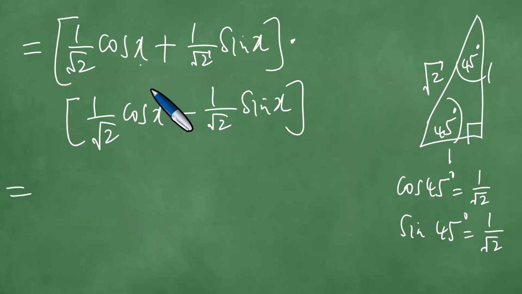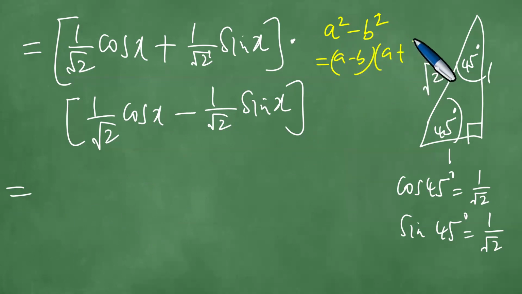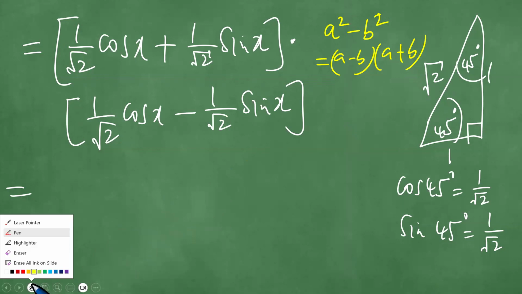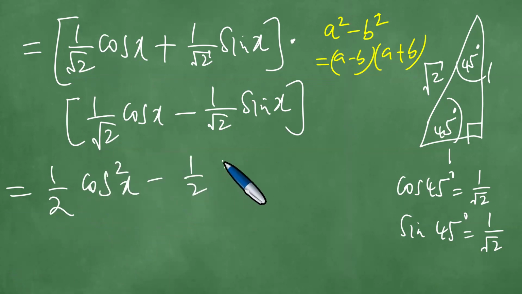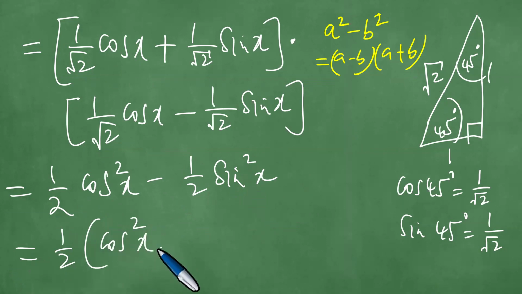Now we multiply these two. This is like a difference of 2 squares, where a squared minus b squared is a minus b into a plus b. Multiplying these two, you have 1/2 cosine squared x minus 1/2 sine squared x. So we take out 1/2 as a common factor, which is cosine squared minus sine squared.